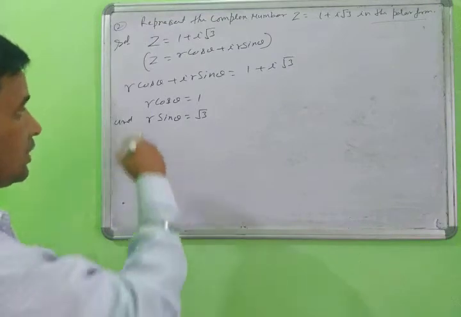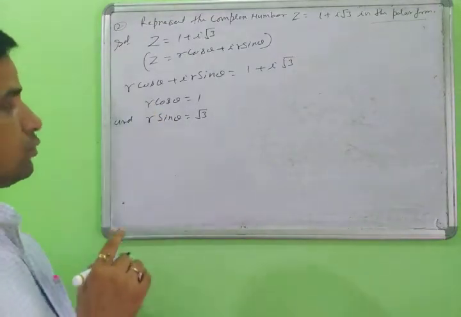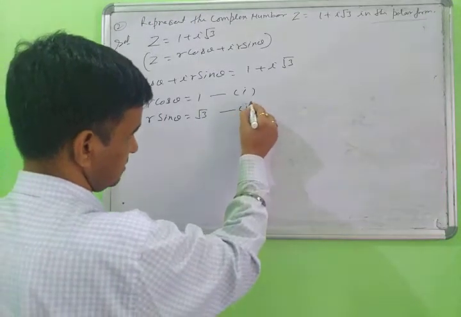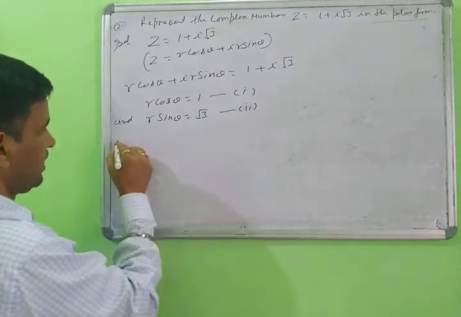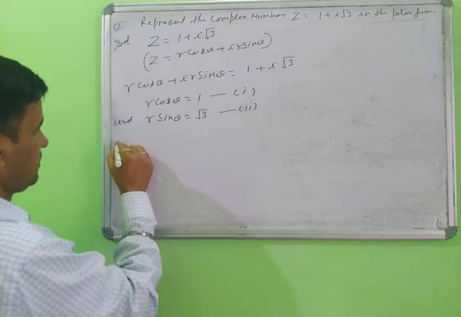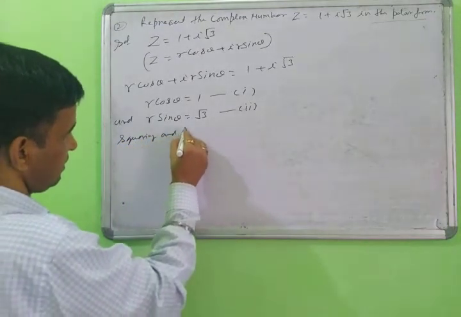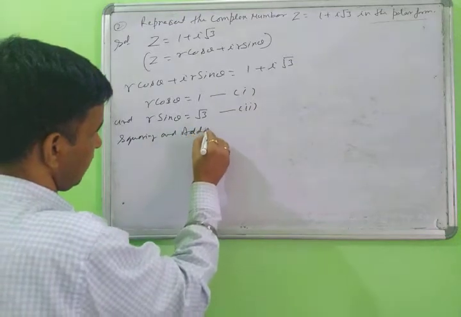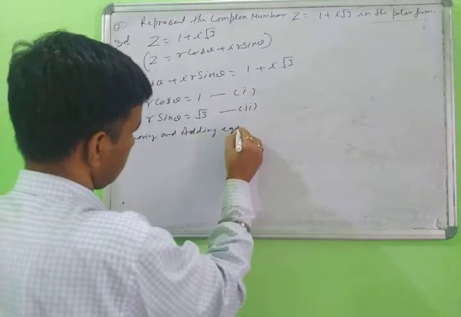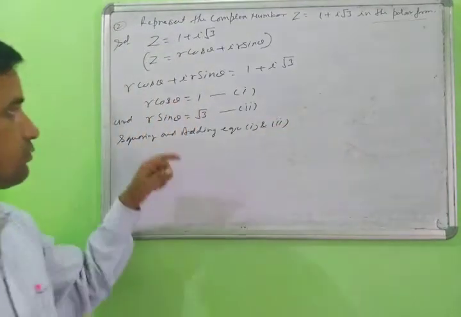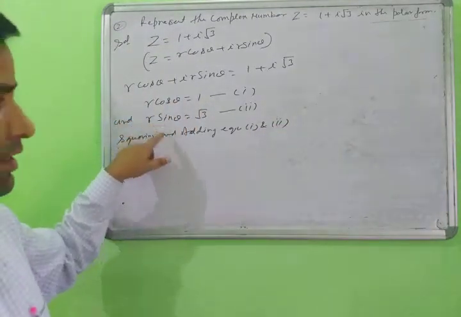Then you square and add both sides. This is equation first, and this is equation second. Squaring and adding equation first and second. Both equations are squared and then added.